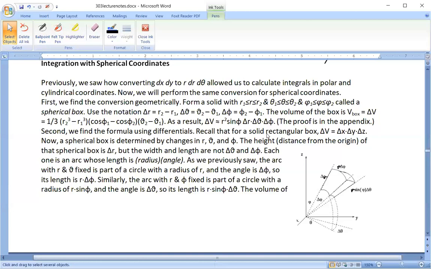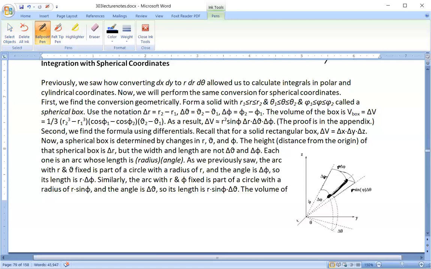So let's look at the dimensions of the spherical box. Here's a spot for R1, here's a spot for R2. The height actually is delta R. So that part's good and straightforward.